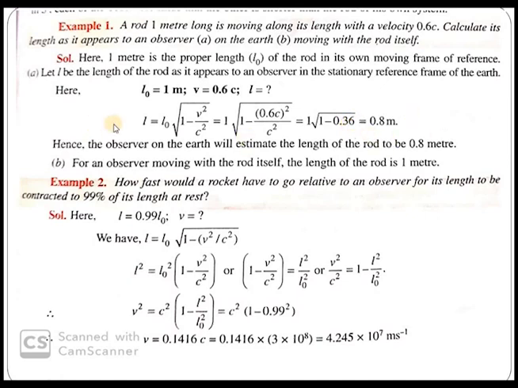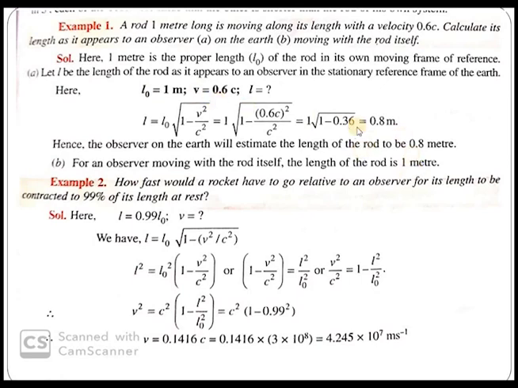Hence the observer on the earth will estimate the length of the rod to be 0.8 meter. And for a person who is sitting on the rod and moving with the velocity 0.6 c, the length of the rod will be 1 meter itself. In the S prime frame, the length of the rod is L0, that is 1 meter itself.